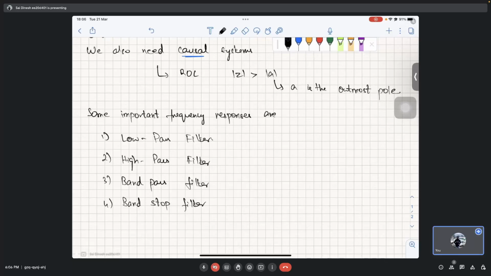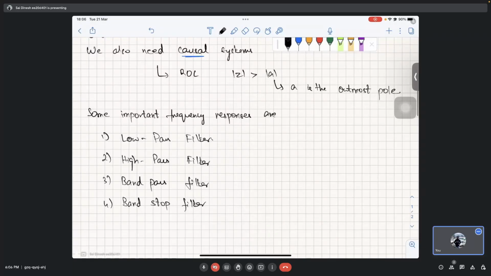Band pass filter is when the center frequency omega is somewhere in between the low pass and the high pass, and band stop is for the particular band that we would want to reject, where the frequency response is almost 0. So these are the 4 types of frequency responses that are really important, and we will be focusing on them.